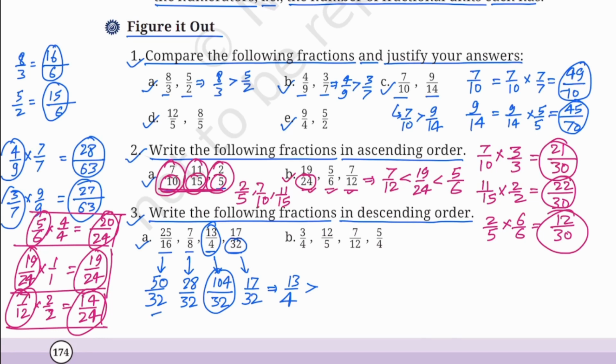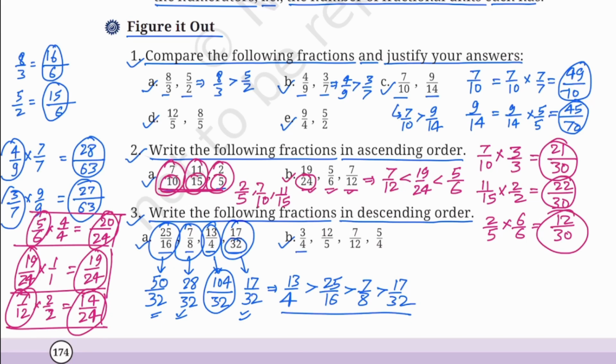Then 50 upon 32 or 25 upon 16. Then 28 upon 32, that is 7 upon 8. Then 17 upon 32. Last one. This is in descending order.